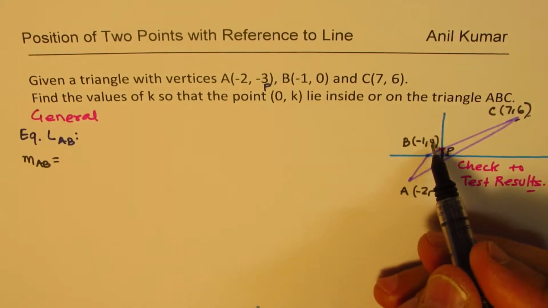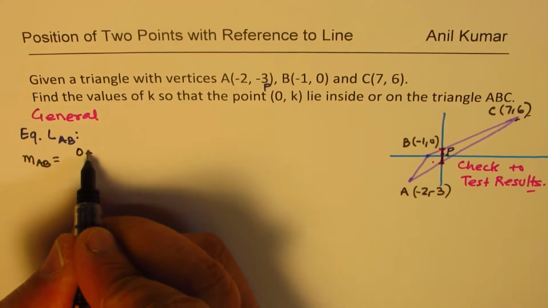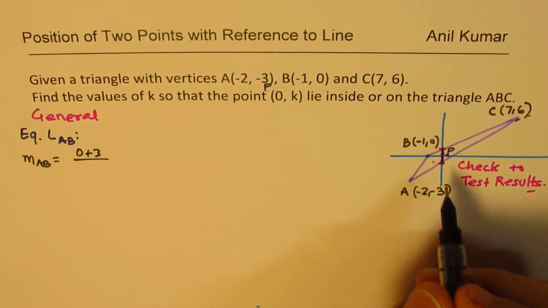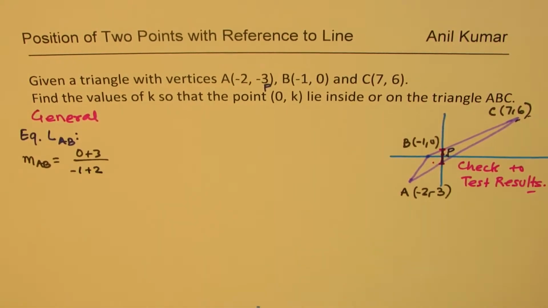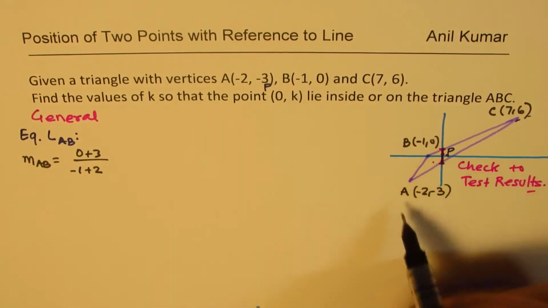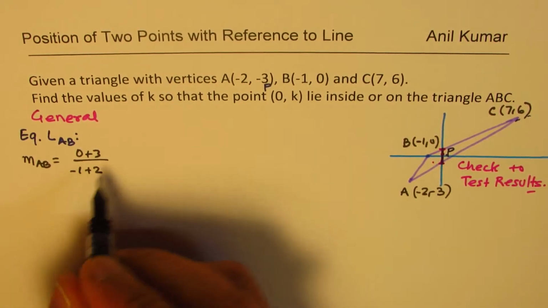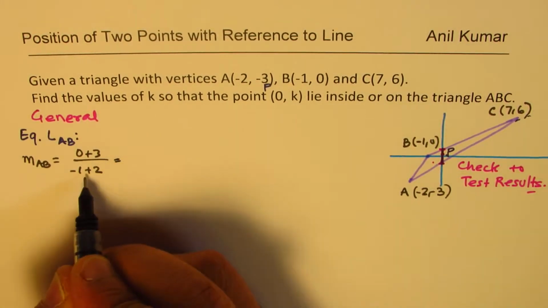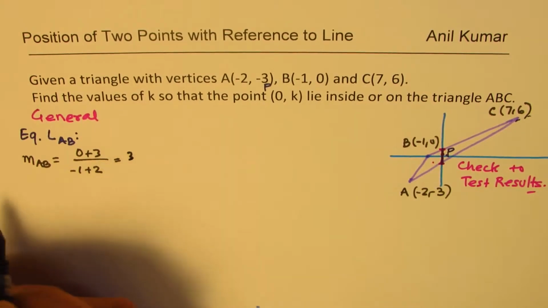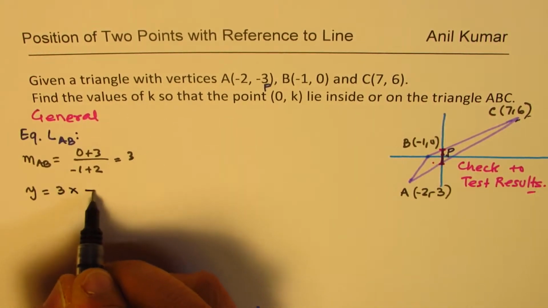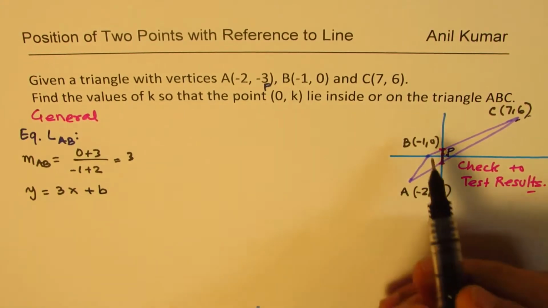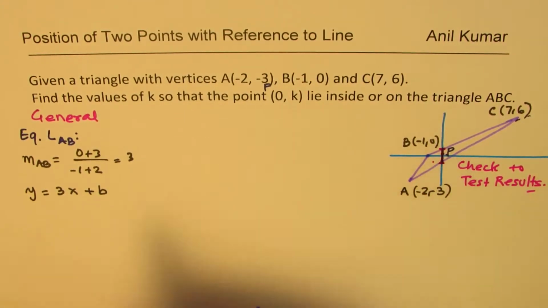The slope of AB, from A to B, will be 0 minus (-3), which becomes plus 3, over -1 minus (-2), that is -1 plus 2. So we get the slope as just 3. We get y = 3x + b. To get the value of b, I will use the point (-1, 0).